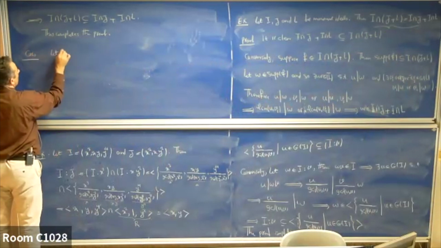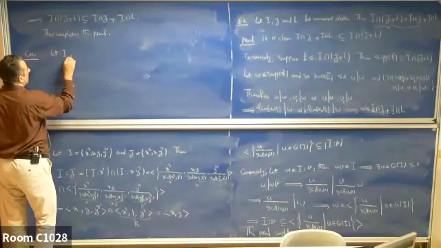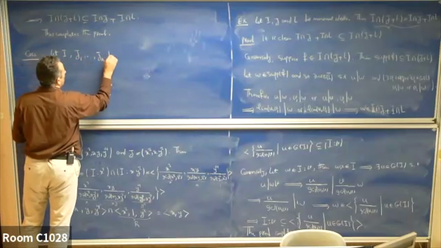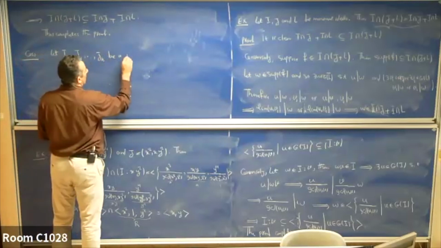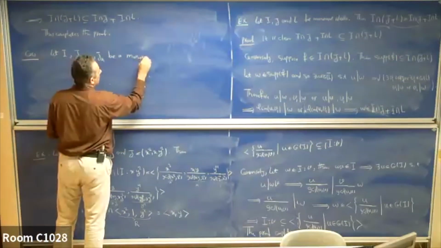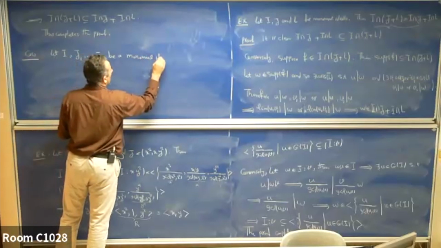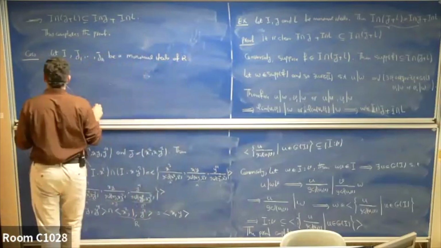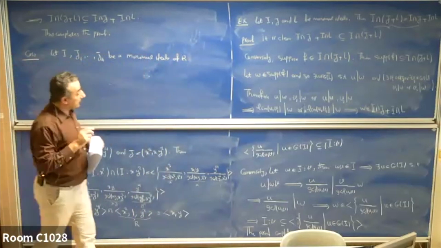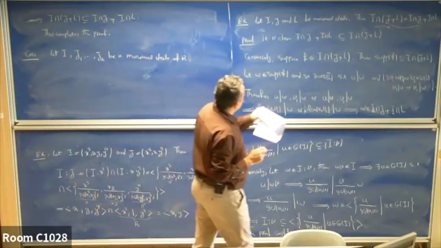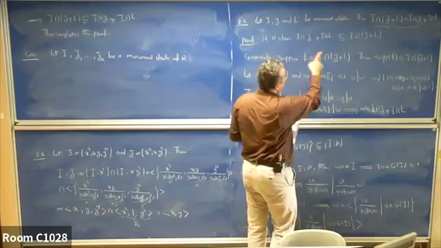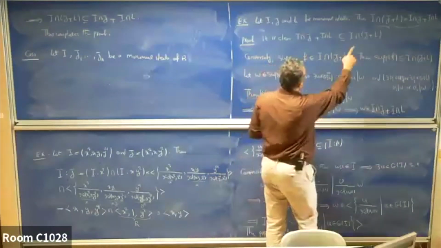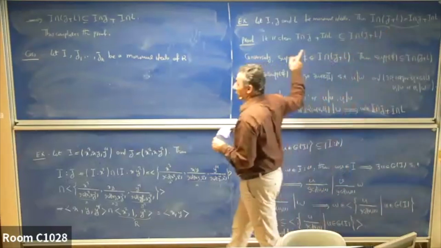Let I and J1, ..., Jn be monomial ideals of R. Then this is a key lemma, a key example, which we will keep using in these equations.